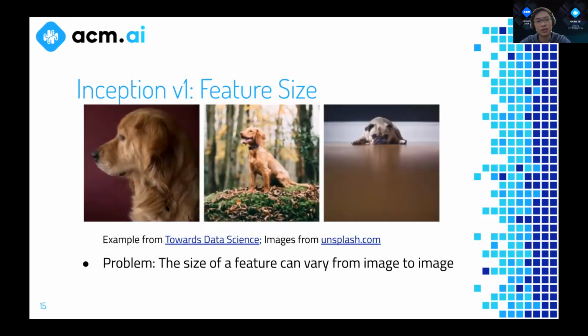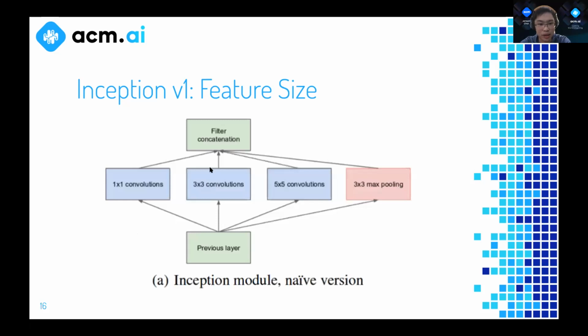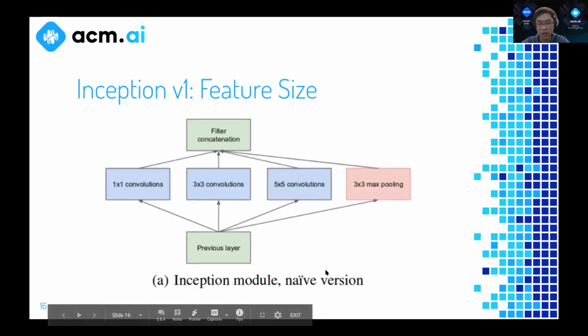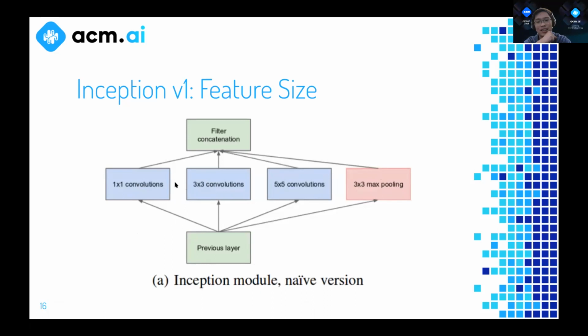With this close-up picture of a dog, this might be picked up by our 5x5 filter or convolutional layer, while images of dogs that are further away could be detected by our 3x3 or 1x1 convolution respectively. And there's also this max pooling layer here, which is in parallel with the entire network, which just downsamples the feature map.